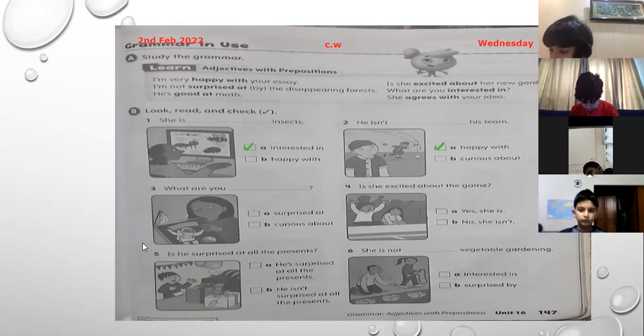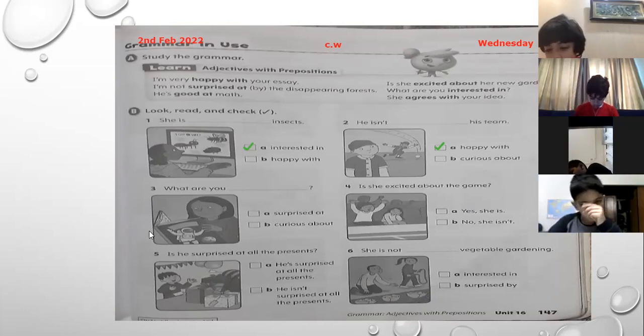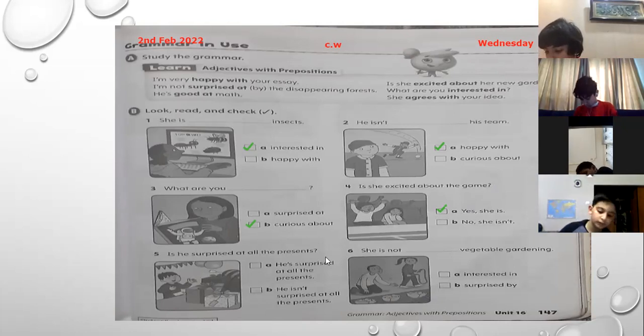Is she surprised by looking at something, or is she curious about something? I think she's curious about. Am I right? Yes, students? Okay, number 4, is she excited about the game? Look at her. Yes, she is. Number 5, is he surprised at all the presents?